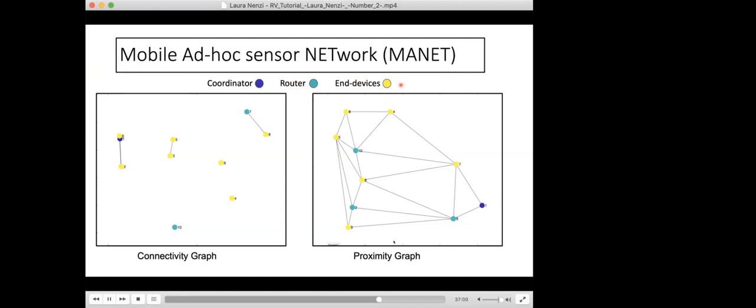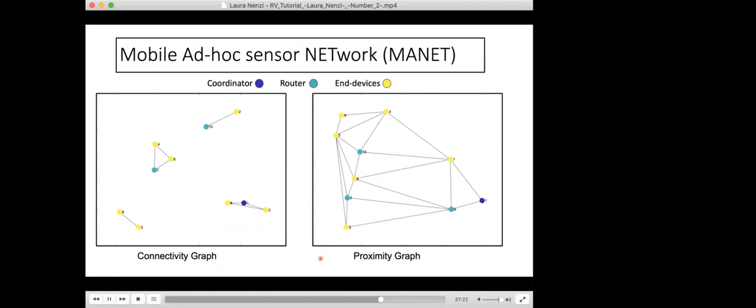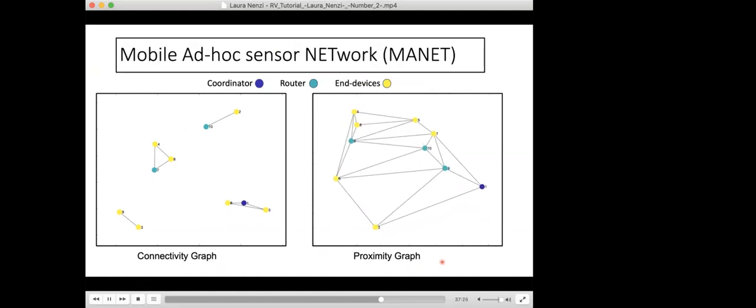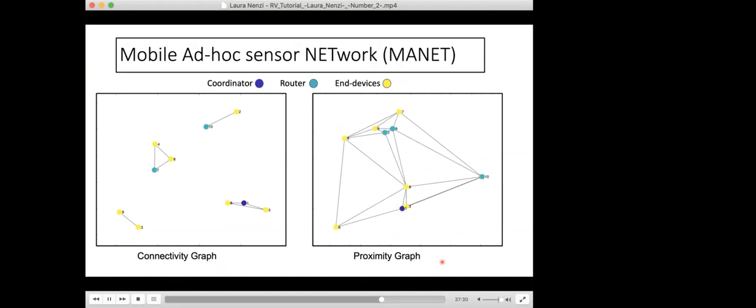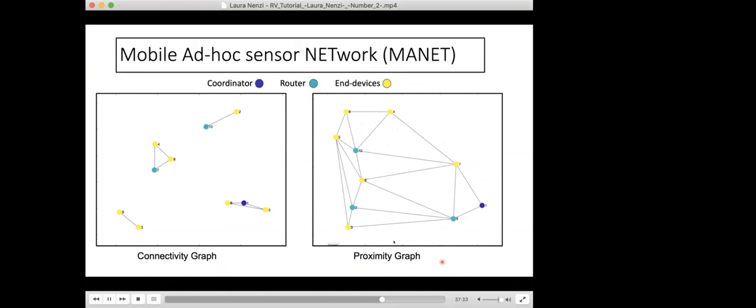As you remember, we have seen two different possibilities of graphs, considering this sensor network. And now you are seeing the evolution in time of the connectivity graph. And now you see on the right instead the evolution in time of the proximity graph. You have seen that when you have very few nodes, the connectivity graph can have many nodes that are not connected.